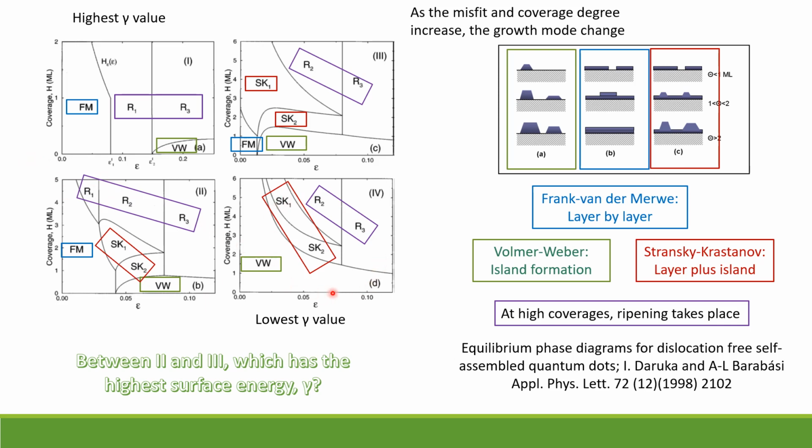And the same here, but here I don't have the Frank van der Merwe since the surface energy is very low. Yeah? So it's very important if I want to know how my quantum dot, my material, is going to grow. I must know in which conditions I'm going to have good crystals, good films, etc.